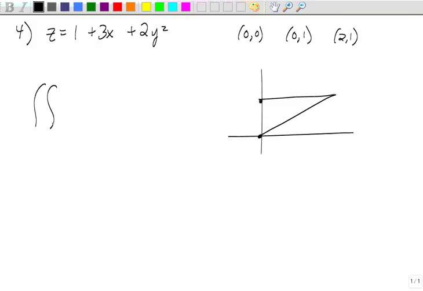So we're going to integrate it over that region. First, let's go this way. So that's going to be from 1 to, okay, the equation of this line is, it's rise over 1, so it's 1/2 x. And then we're going to go from 0 to 2.